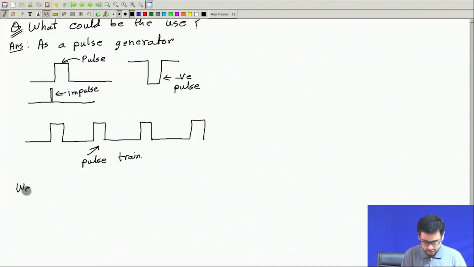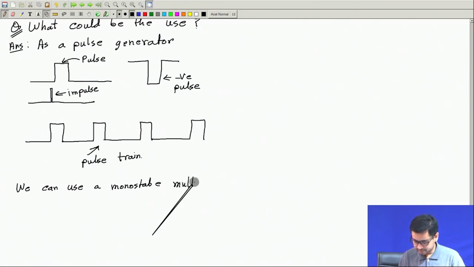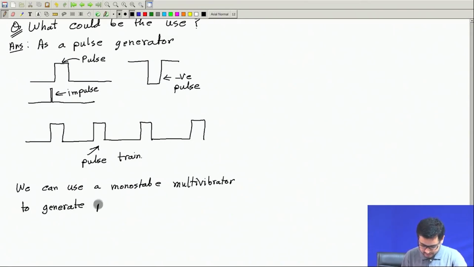We can use a monostable multivibrator, as it is also called, to generate a pulse train. How?